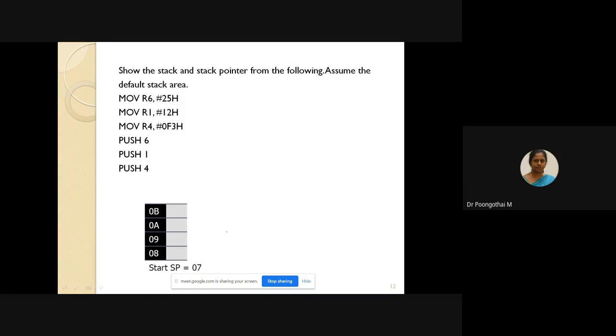Can you understand the problem? So here push 6 is nothing but push R6. That is, R6 content is pushed into your stack memory. So what is the operation during the execution of your push instruction? Increment and write.